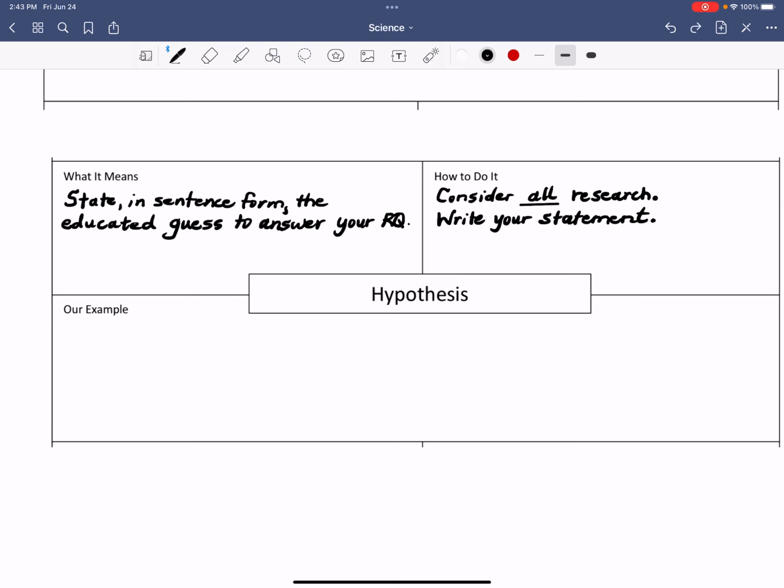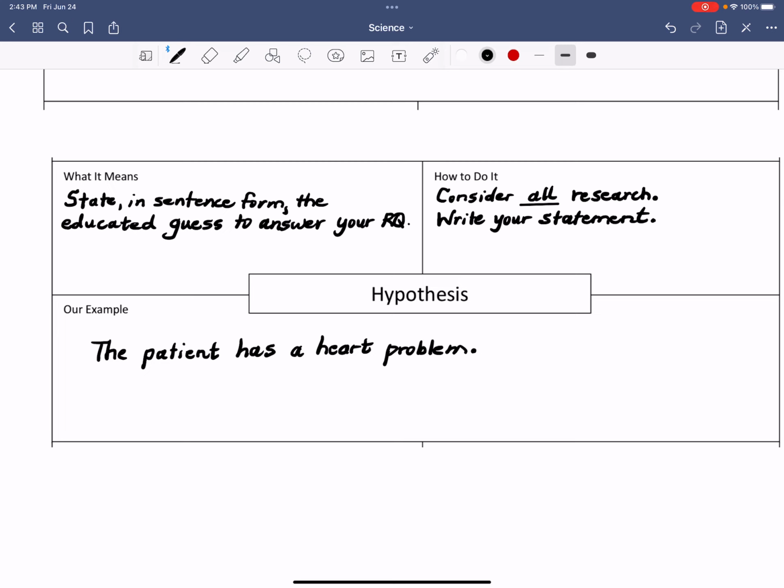Let's not use the word I. Let's say that the patient has a heart problem. That's a hypothesis. That's an educated guess based on the research.